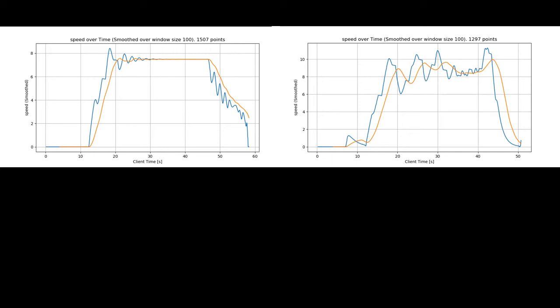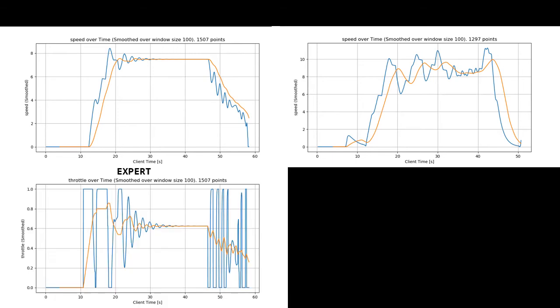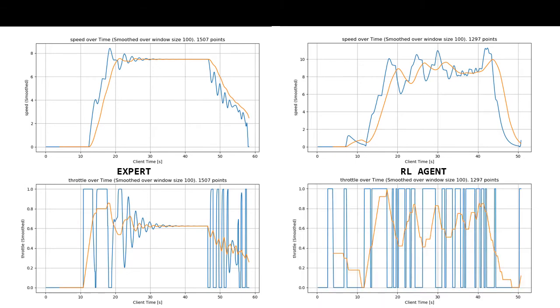You see the speed was a little bit more wavy, and this is the result of this control, where you see that 0.6 constantly maintained resulted in this constant speed. On the other end, the agent was just alternating between 0 and 1 for the threshold value.